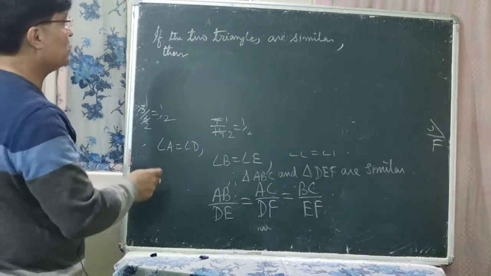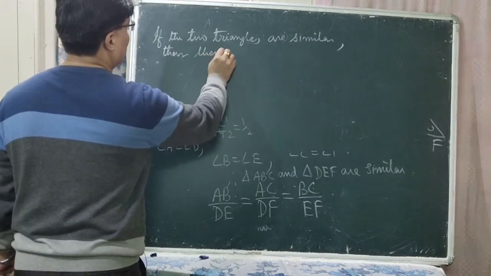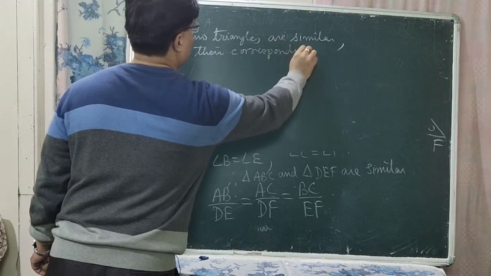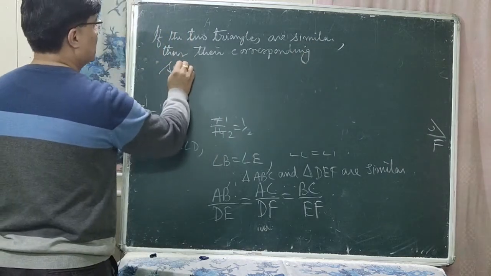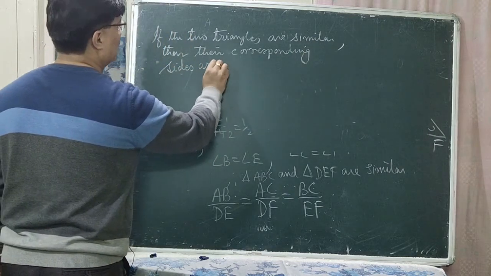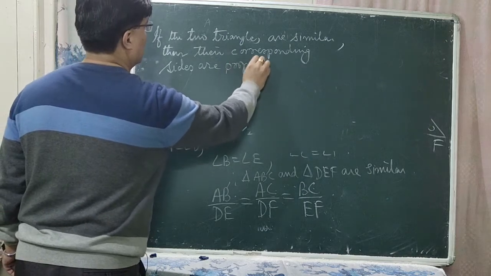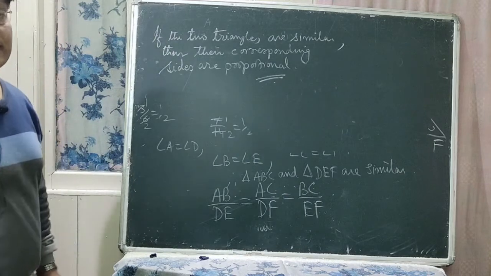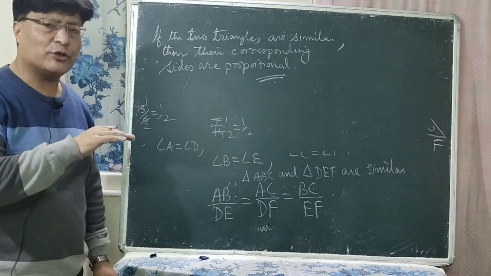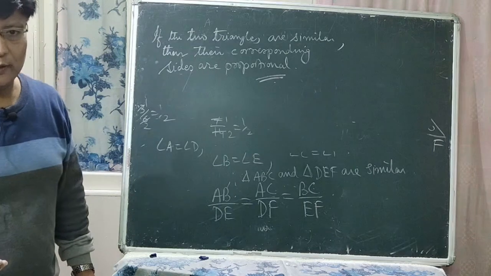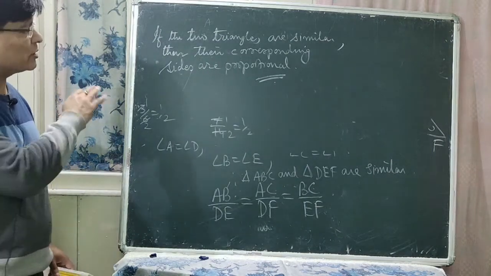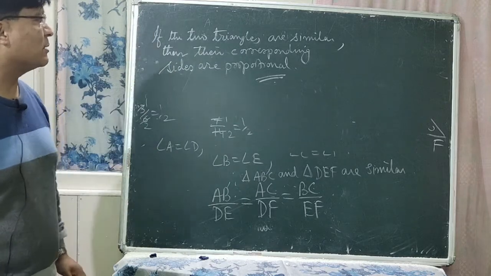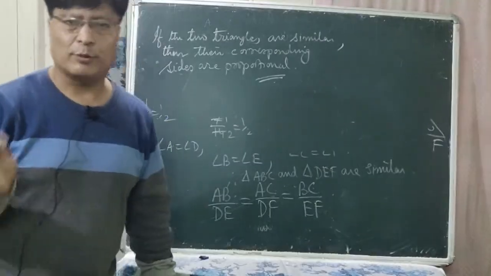If the two triangles are similar, comma, then their corresponding sides are proportional. That means the ratio of their corresponding sides are equal. Is that clear to all of you? So I think you have understood this sentence. If the two triangles are similar, then the corresponding sides are proportional.